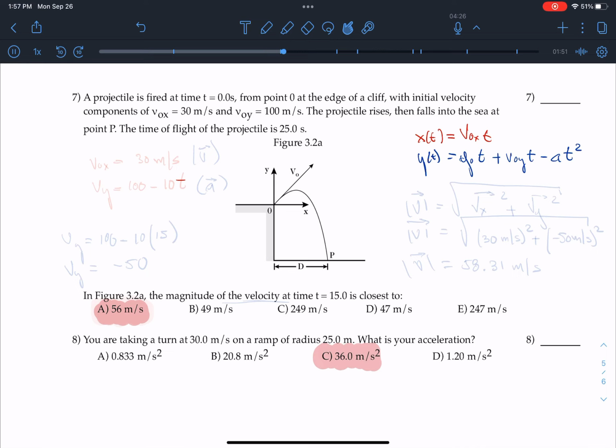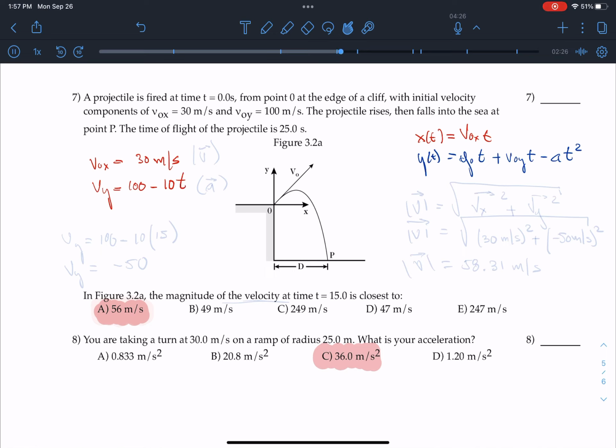From what the problem says, the initial velocity on x, of course, equals 30 meters per second, and the velocity on y is going to be equal to 100 minus the acceleration, which we're going to say is 10, since gravitational force, times the time.